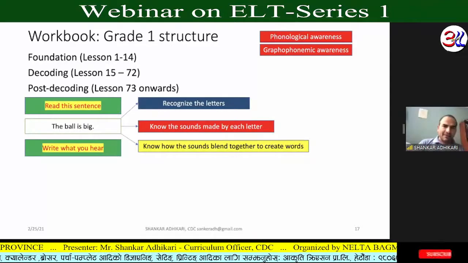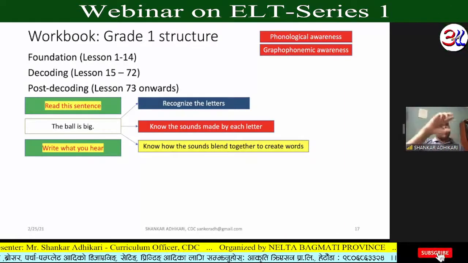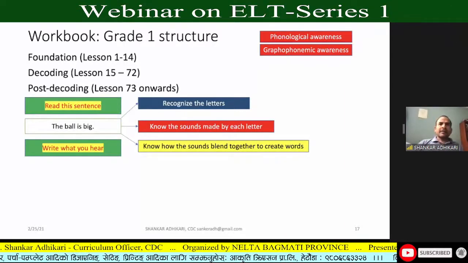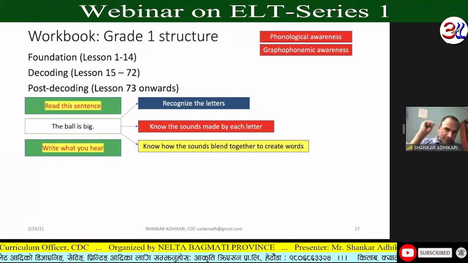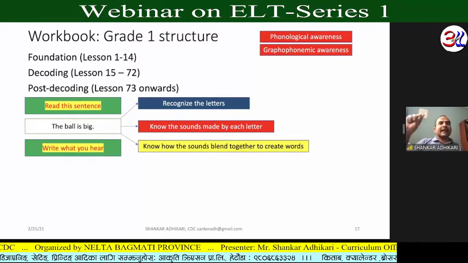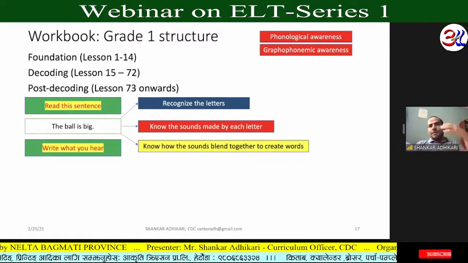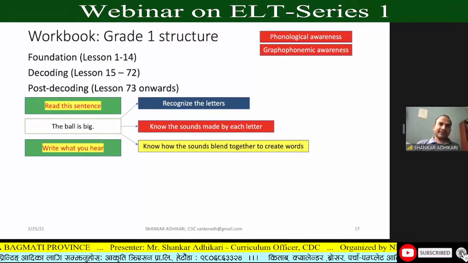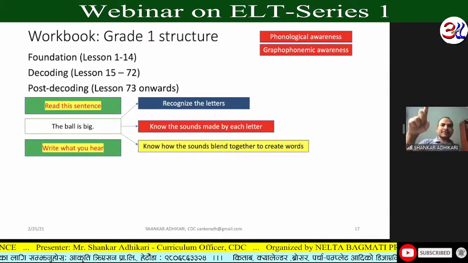What's your name? I am 5 years old. How old are you? Very simple expressions so that the students get exposure to very simple English, and they start doing some pre-reading, pre-writing activities. They will draw lines and circles, okay?